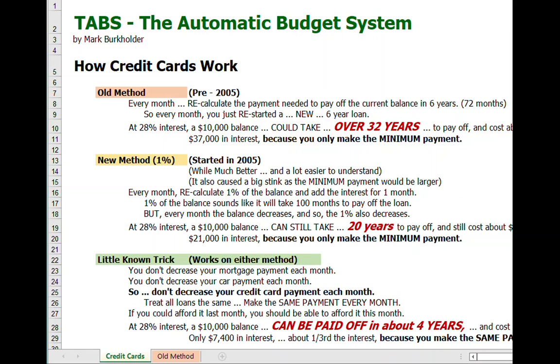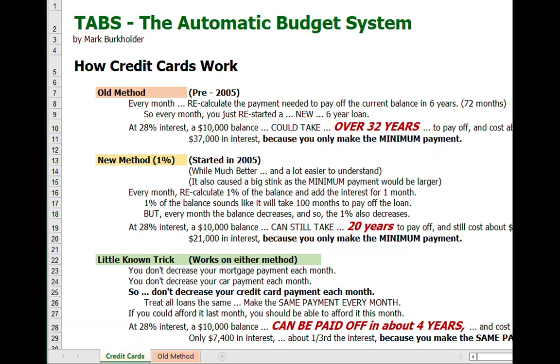The credit card you carry should be for emergencies only, not for daily purchases. In the lesson Eliminating Debt, I'll show you how to apply this constant payment method to several debts to quickly eliminate all of your short-term debts.